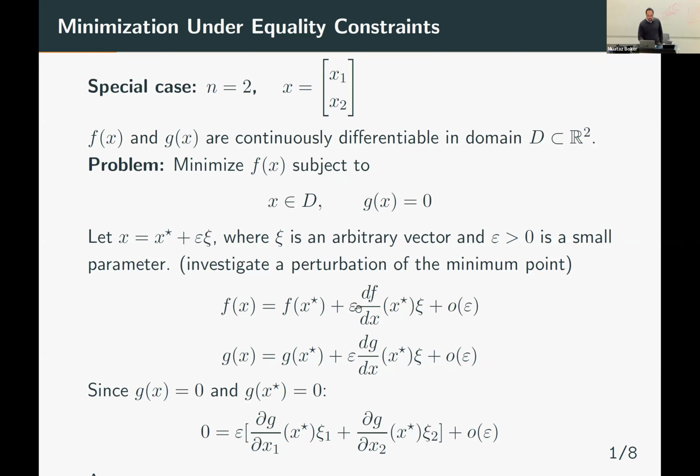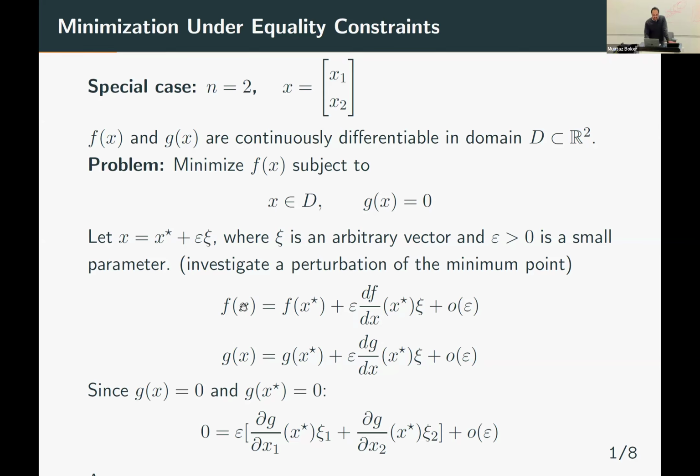One more thing I'm going to use here is the Taylor series expansion. Taylor series expansion is an expression of any nonlinear function, as long as it's continuously differentiable, okay? This is one form of Taylor series expansion around this point. So f of x can be expressed as f of x star plus epsilon times the gradient.